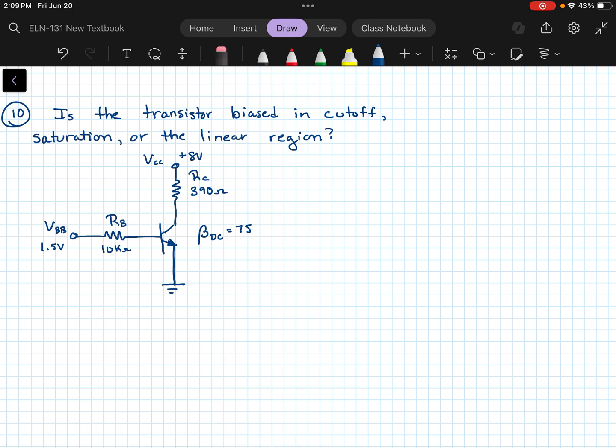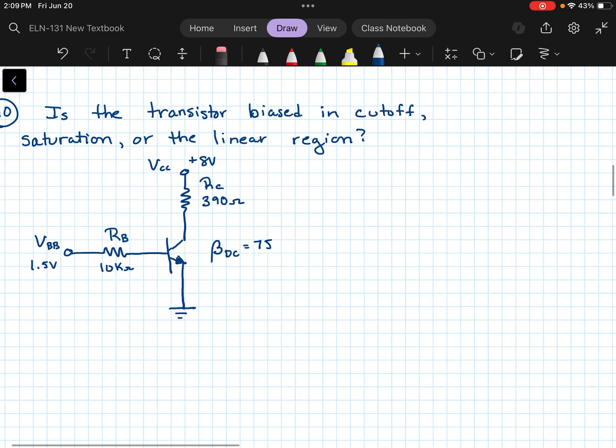Okay, so for the next problem, we're trying to figure out if this transistor is biased in the cutoff region, the saturation region, or the linear region. First of all, if it's in cutoff, that means that we don't have enough current into the base to turn it on.